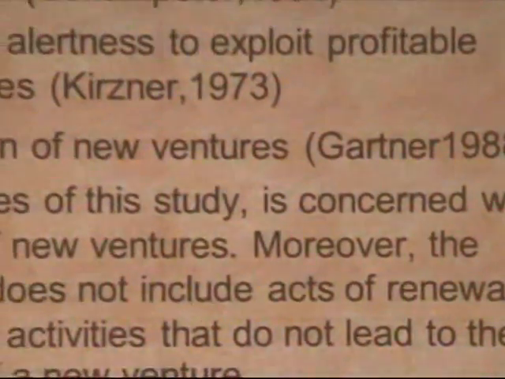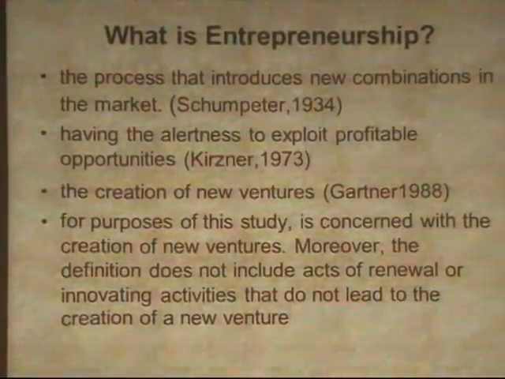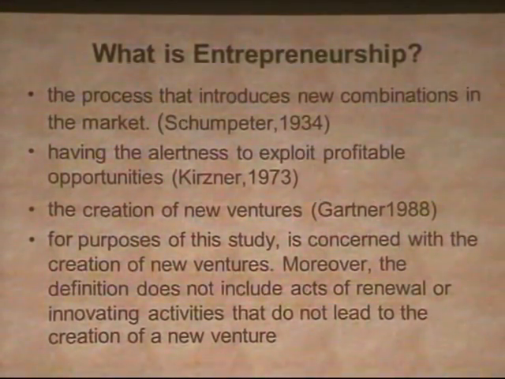First, we take a look at entrepreneurship. What does it mean? In the literature, Schumpeter was the first predominant figure in this field of study. He said entrepreneurship is the process that introduces new combinations in the market.